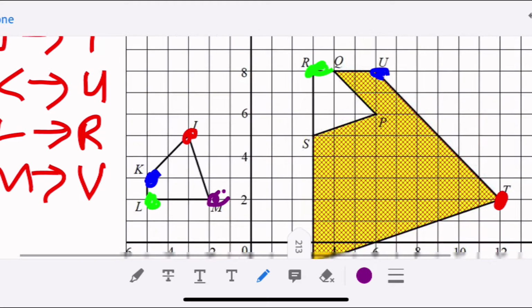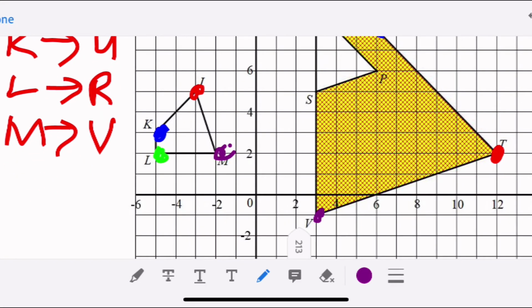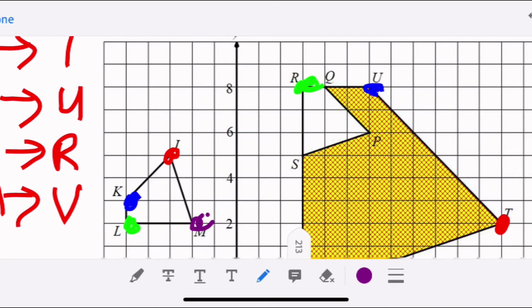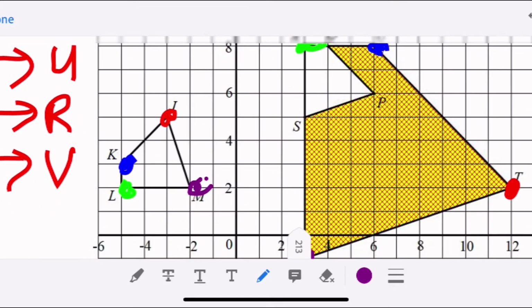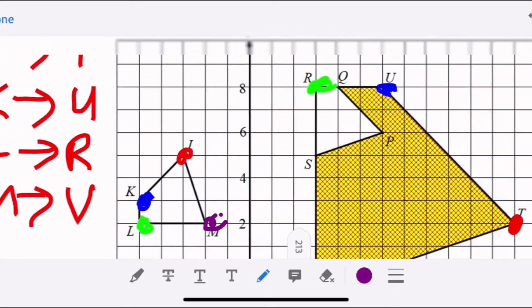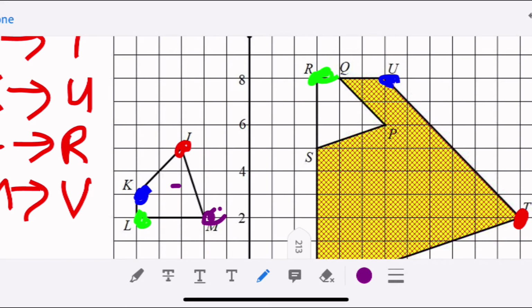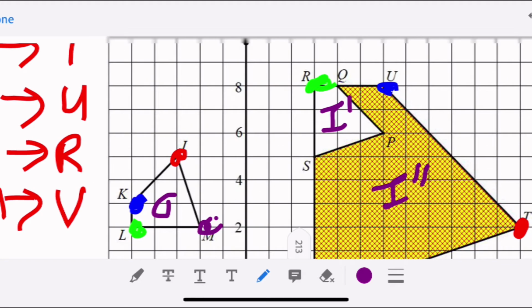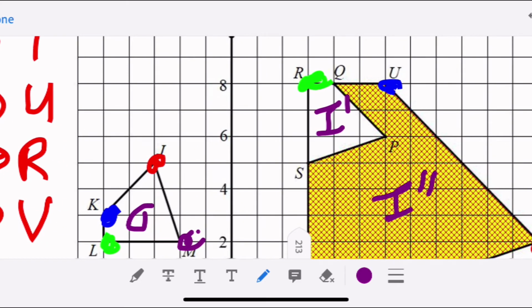So this is the object and the second image. Now we need to figure out the first image first. Our first image is not the final image. So from the object we go to the first image, and then the final one is the big one. That is the concept.